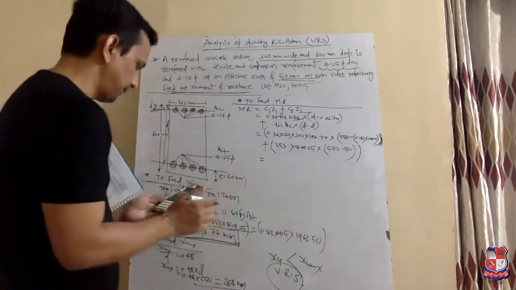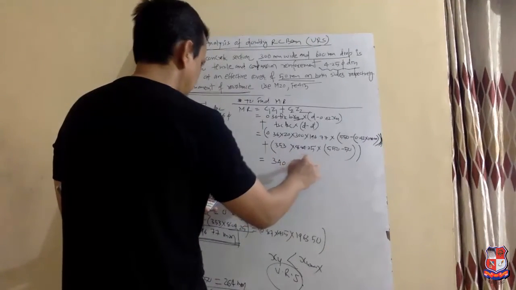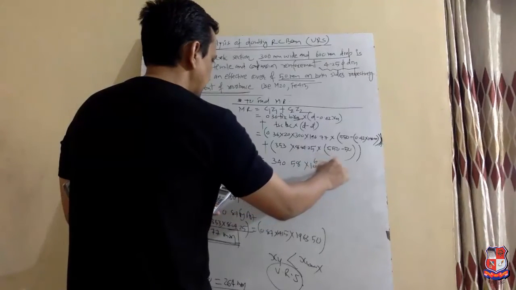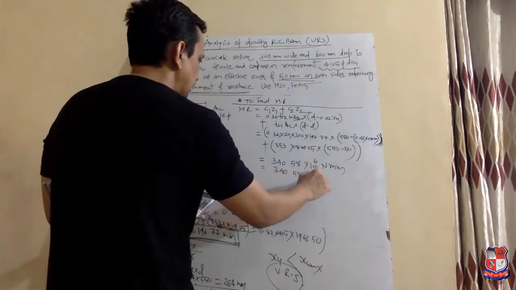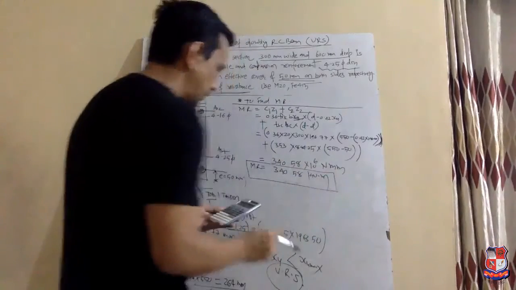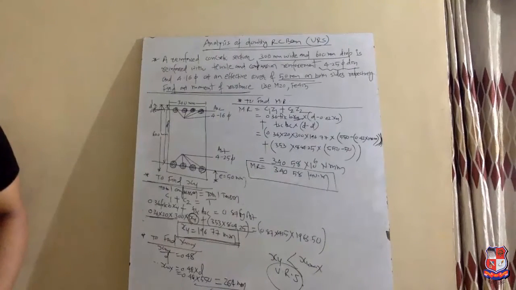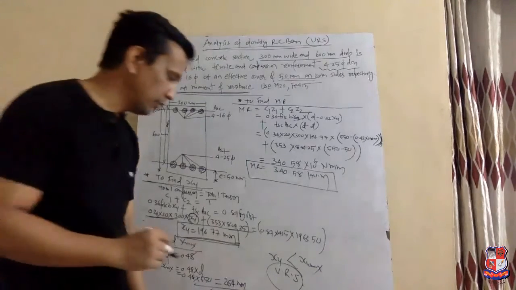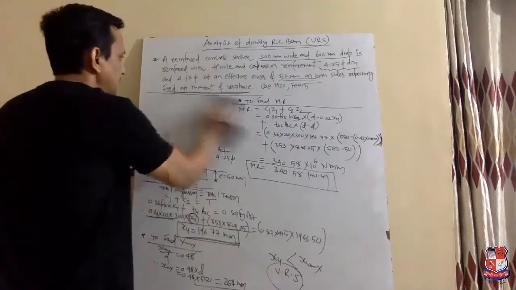So in this way, we get 340.58 into 10⁶ Newton millimeter, and when you convert this into kilonewton meter, you will get 340.58 kilonewton meter. So in this way, we can calculate the moment of resistance of the WRC beam.